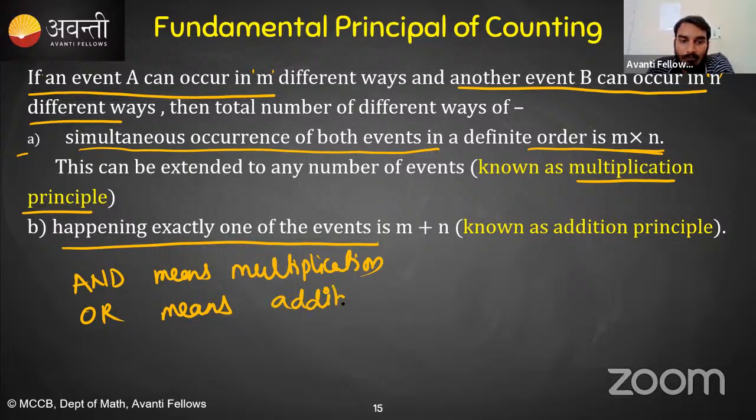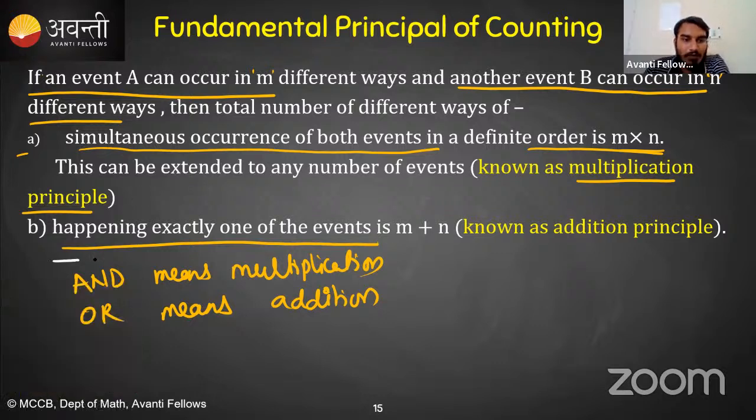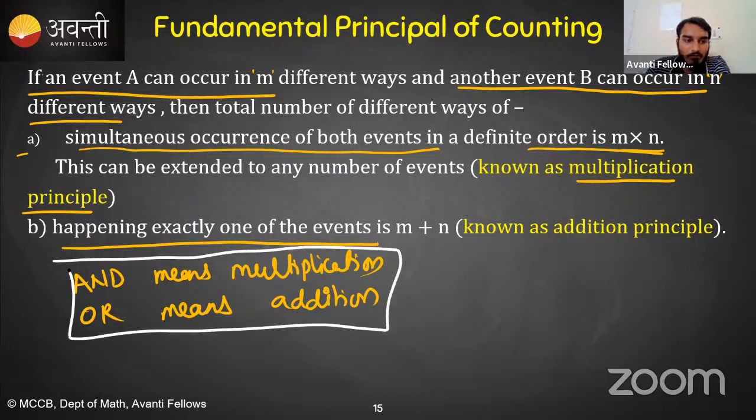Either this or this happens, then add. This and this happens, then multiply. Is this clear? Tell me quickly in the chat box, is this clear or not? Is there any doubt?